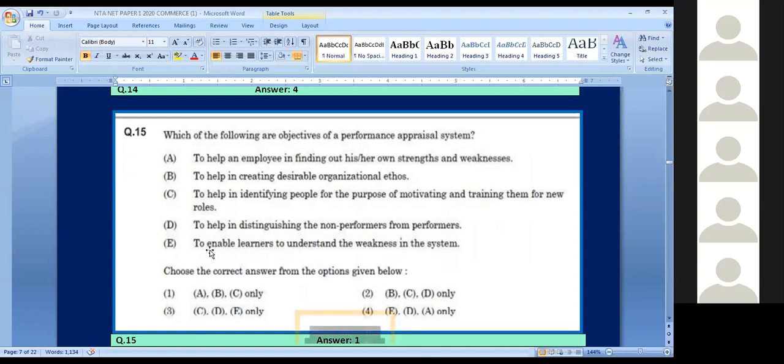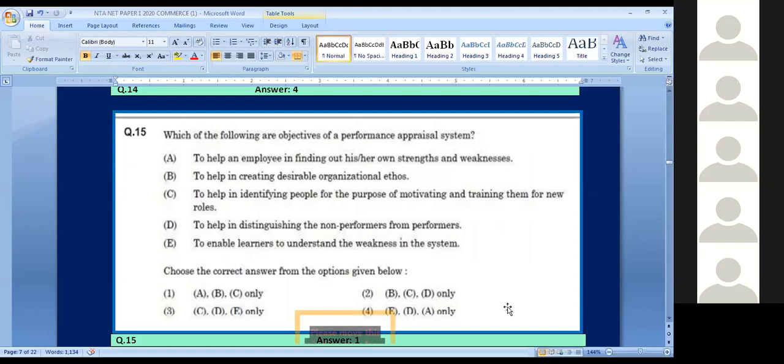A twice, B twice, C thrice, D thrice. Let me check C and D first, whether they are correct. C, to help in identifying people for the purpose of motivating and training them for new roles. Correct? If somebody is highly skilled, we can give them better opportunities to grow. So the option without C is ruled out. That is, 4 is ruled out.